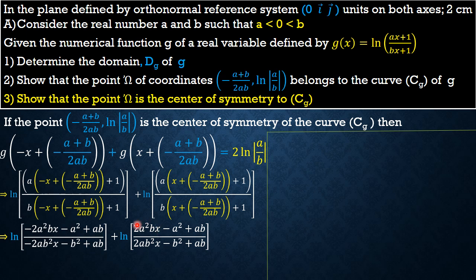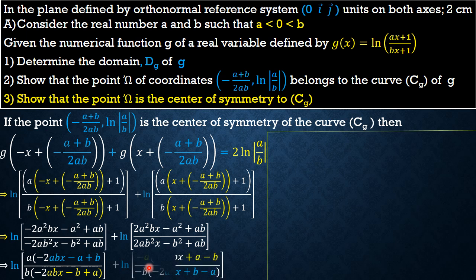So friends, if we factorize a from the numerator and b from the denominator, and in this way we factorize negative a from the numerator and negative b from the denominator, we are therefore going to have a over b into exactly what we have. Then here as well, factoring negative a from the top and negative b from the bottom, we are going to have the natural log of negative a over negative b into what we have here.